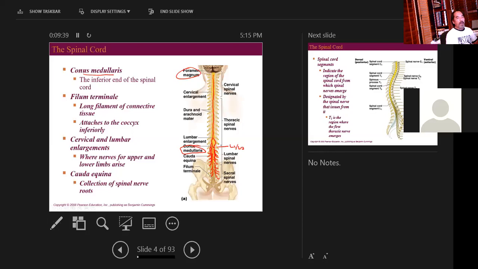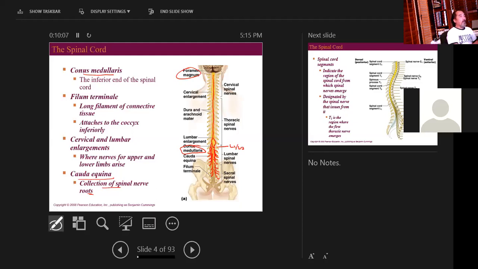It's just nerves coming down, no more spinal cord. That's the reason why we call it the cauda equina. Cauda means tail, equina means horse. It's a collection of spinal nerve roots that still go down to the intervertebral foramen and exit out to the side, to the different vertebrae, from lumbar 3 to sacral 5. So that's called the cauda equina.